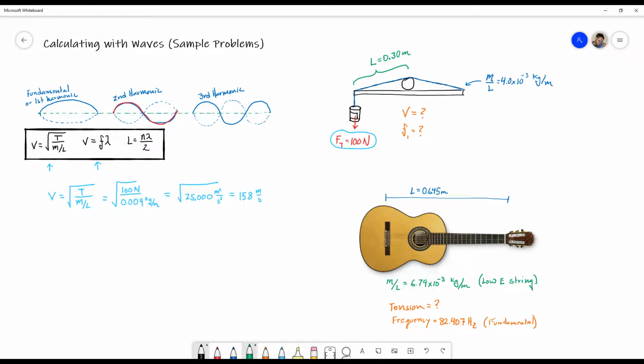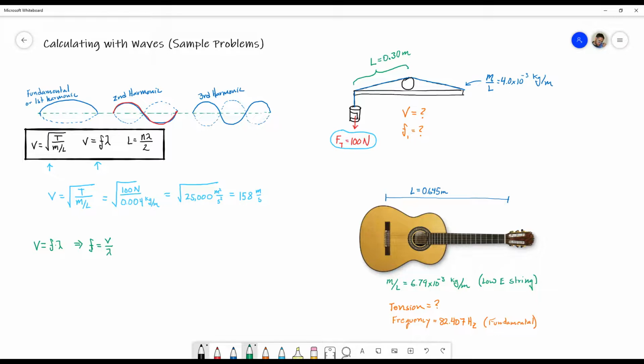Maybe I'll work in green this time. If I rearrange this second equation, velocity equals frequency times wavelength, I can solve for frequency. That means my frequency is equal to my velocity divided by my wavelength. Right? That sounds okay.